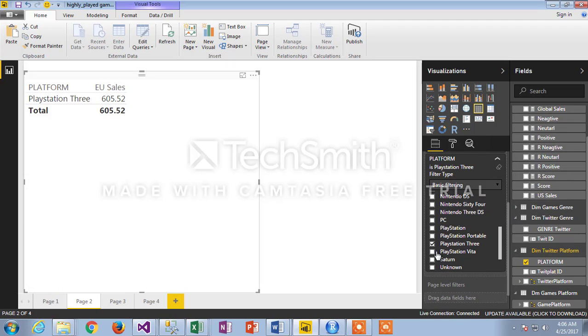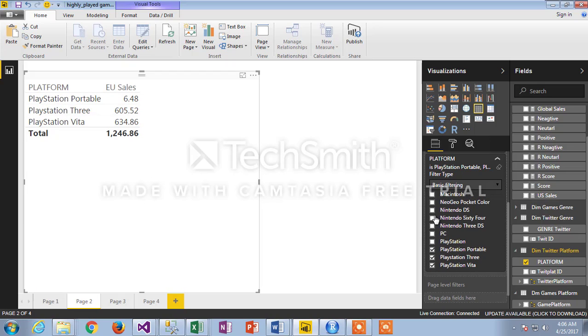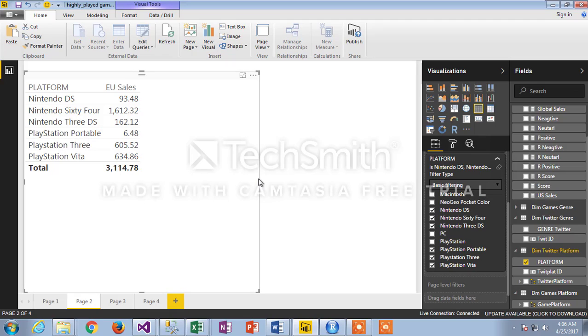Since PlayStation and Nintendo have several versions, we are just analyzing three versions of each: Nintendo DS, Nintendo 64 and Nintendo 3DS, PlayStation Portable, PlayStation 3, and PlayStation Vita. Out of these, Nintendo 64 has the highest EU sales.